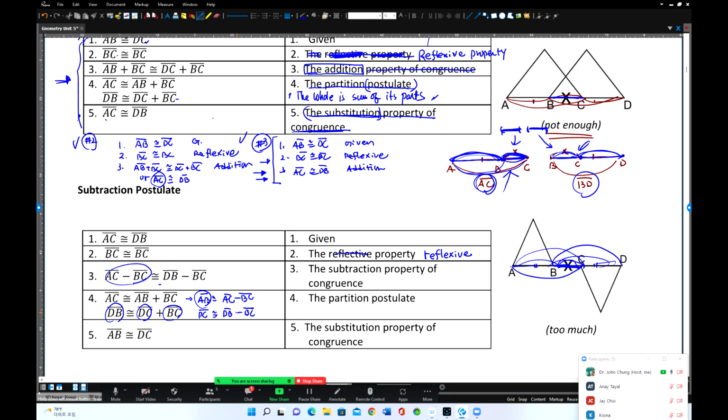Because they are equal, now you can say AB equals DC, right? But this one is a little weird. I like to use this one, because that subtraction is a little weird. So I think you can go this way. From here, subtract: AC minus BC is AB. You can jump over here. The reason is just subtraction.